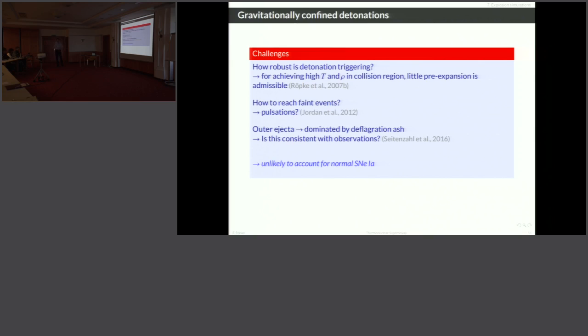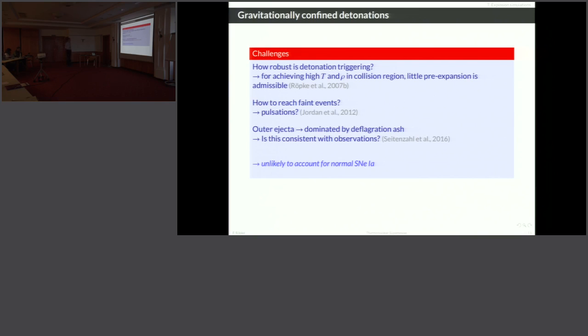If you have strong expansion, of course, then this deflagration material may still slide around the surface of the star and collide on the other side, but it will do so under conditions of rather low densities and therefore not trigger a detonation. So you need little pre-expansion in order to achieve conditions for triggering a detonation. It's questionable whether with realistic deflagration ignition scenarios this is achievable.